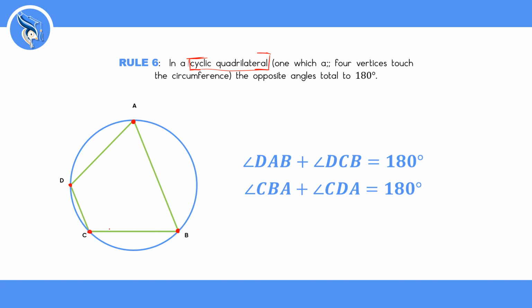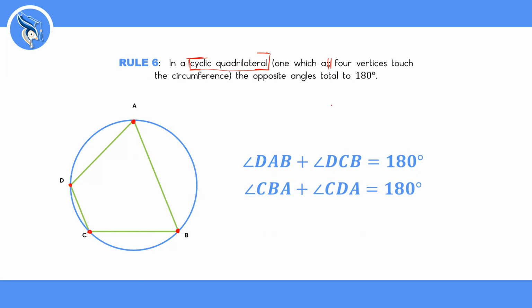Now, if it just happened that only 3 points touch the circumference, it is not a cyclic quadrilateral. In order for it to be considered a cyclic quadrilateral, all 4 points have to touch the circumference at a certain point. It doesn't matter where. They just have to touch, right?